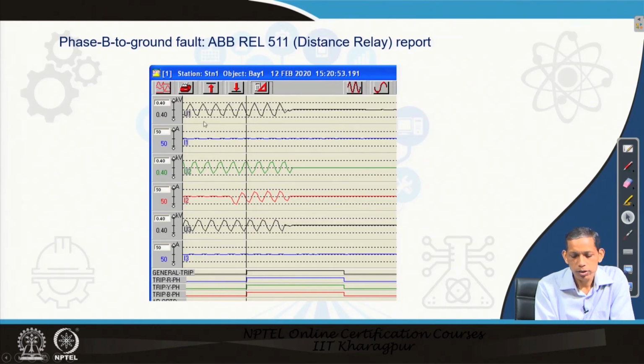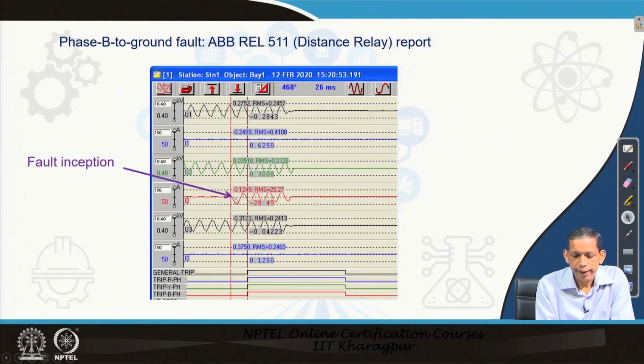Now, if you see these plots, let us say this is the phase B plot. For phase B current you see that this current suddenly jumps up to a very high magnitude. This means that this is the inception of the fault and the fault continues.